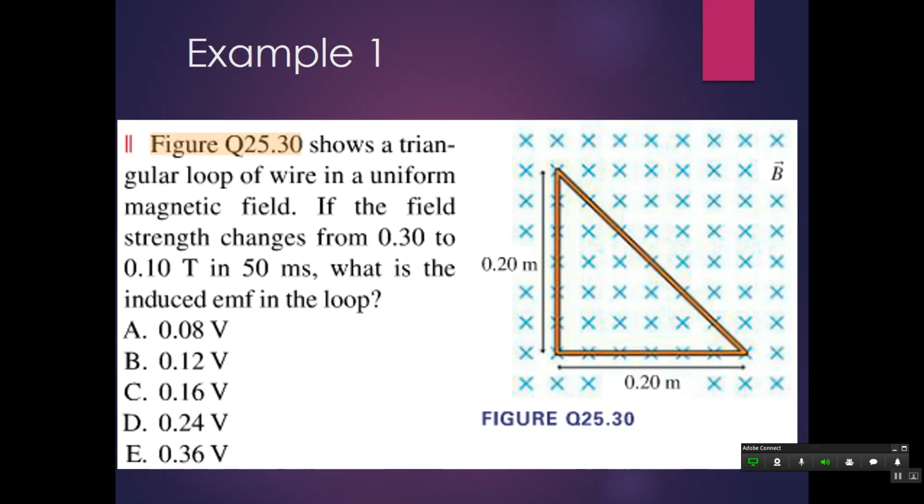So there's a triangle loop and a wire. If the field strength changes from 0.3 to 0.10 in 50 milliseconds, what is the induced EMF in the loop? So we just have to apply what we just learned. We need to know that EMF is equal to the change in flux over the change of time.